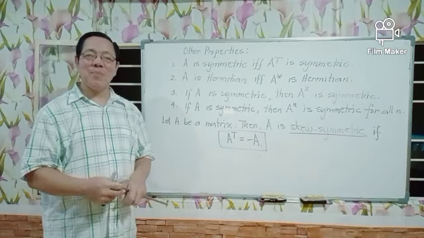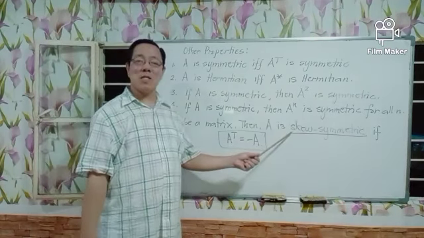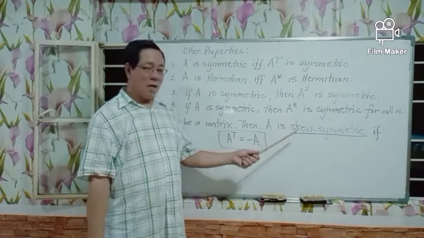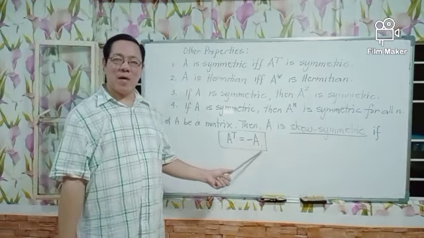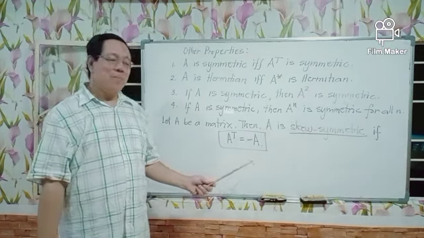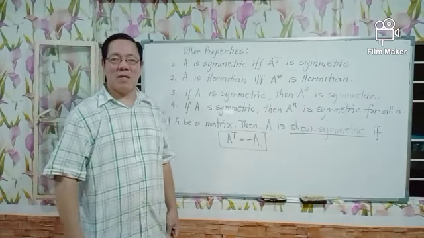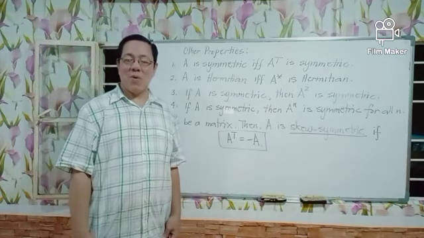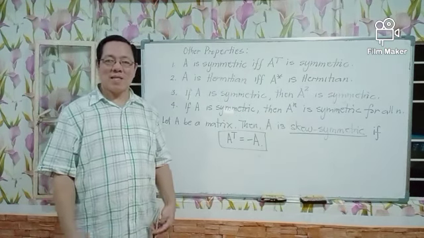Let A be any matrix, then A is called skew-symmetric if the transpose of A is equal to the negative of A. This is the condition that must be satisfied by matrix A for matrix A to be skew-symmetric. That is, the transpose of A is equal to its negative. We take an example.